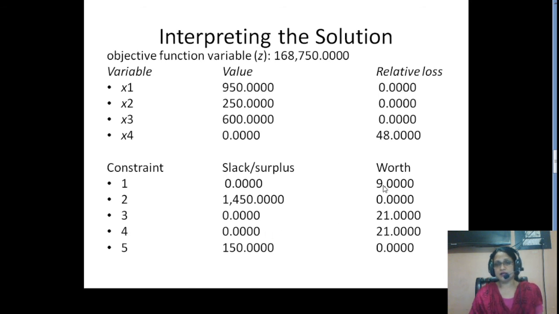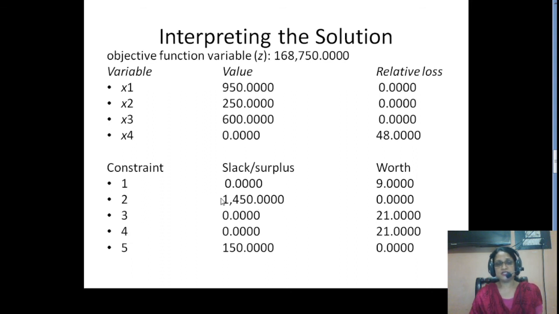So these are 9 and 21 and 21. This worth says that if you use one extra hour of cutting time, your contribution will increase by 9 pounds, right?